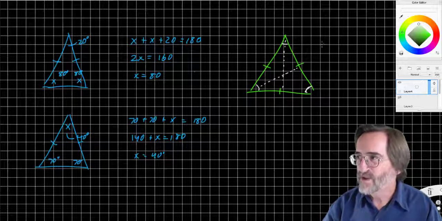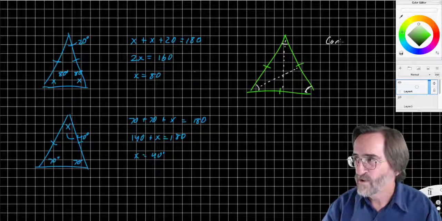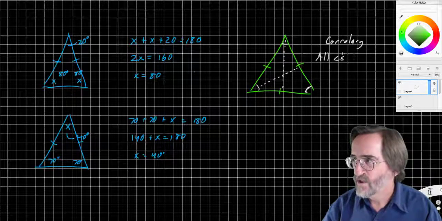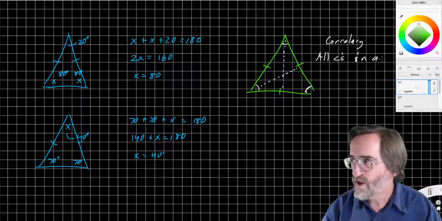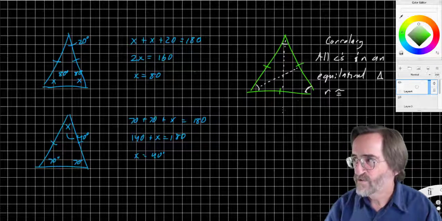So this is kind of a corollary to the isosceles triangle theorem. All angles in an equilateral triangle are congruent.